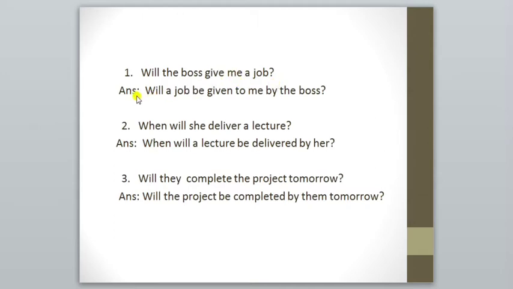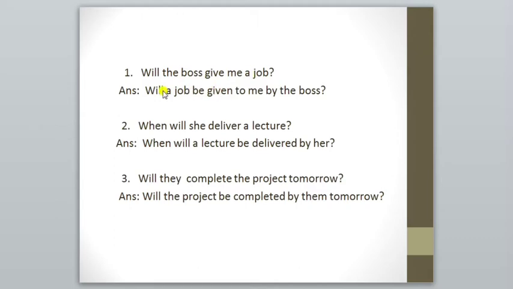But dear students, I have written only one answer here, that is by the direct object, and you have to write the answer by the indirect object. Understand that this sentence is for your homework also, because using the indirect object you have to make your own answer.